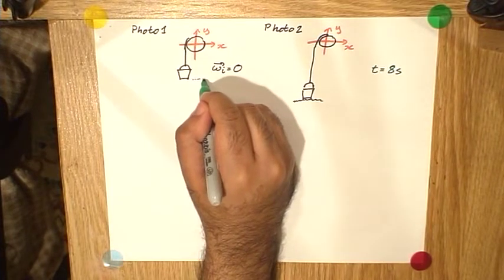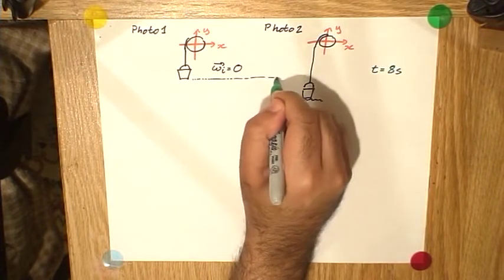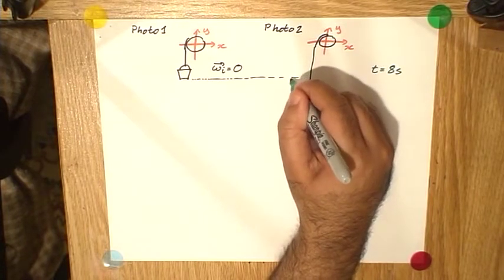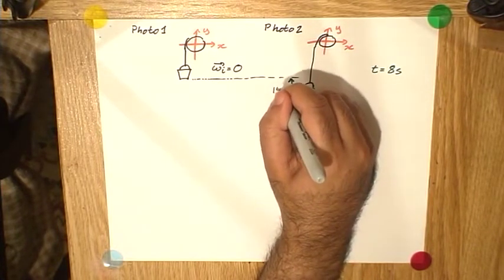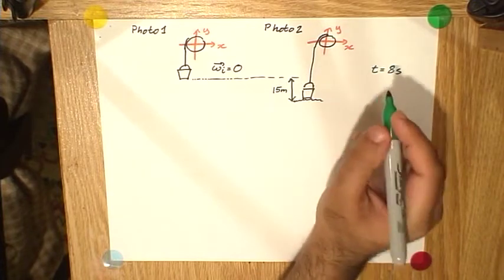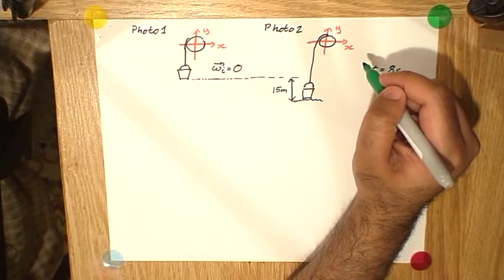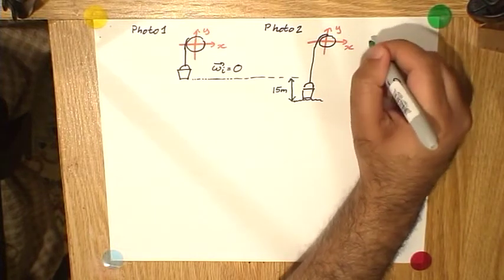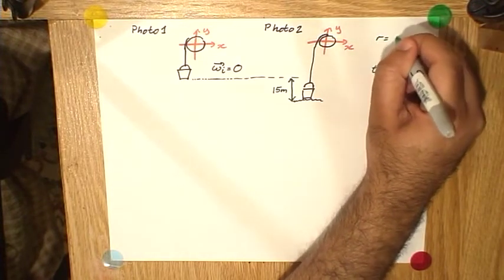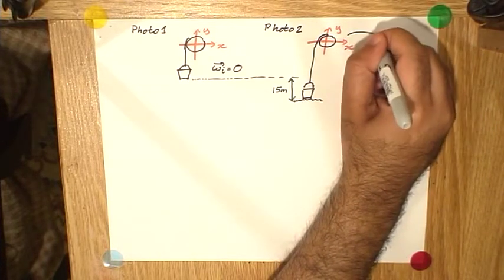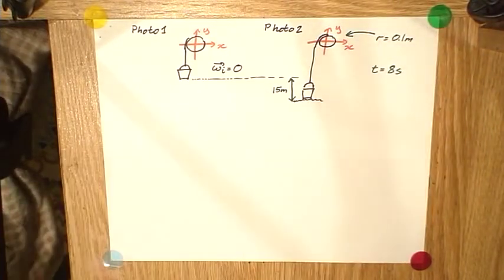We were told that the distance that the bucket falls is 15 meters, and that the radius of the pulley wheel was 0.1. I'm going to write that as r equals 0.1 meters for the pulley wheel.